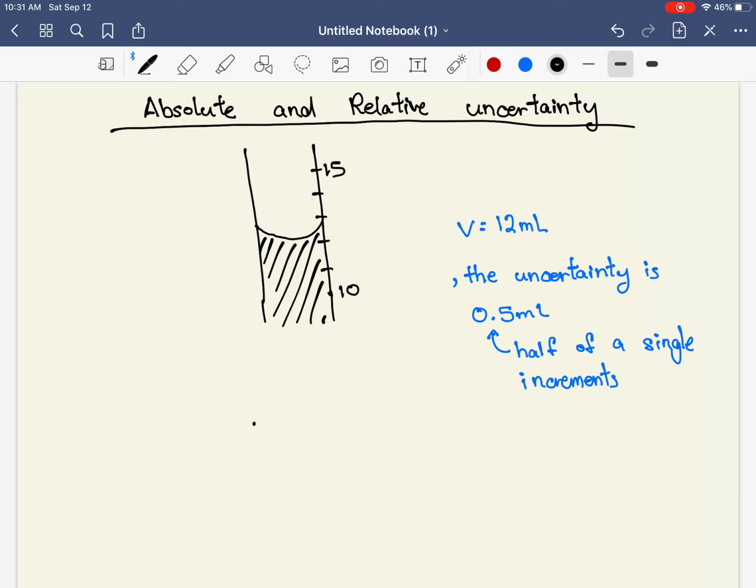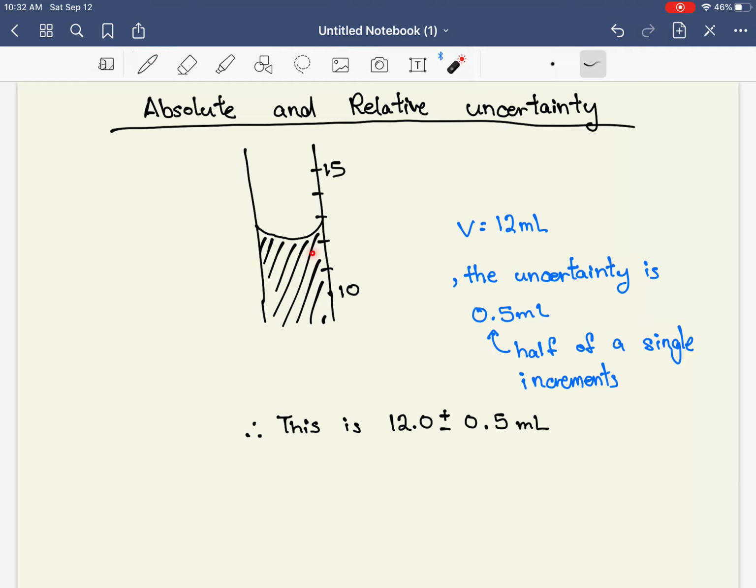So what we do here is make up an uncertainty value. This number is not going to be just 12. This is 12.0 plus or minus the uncertainty that you determine. So that's 0.5, half of one incrementation.